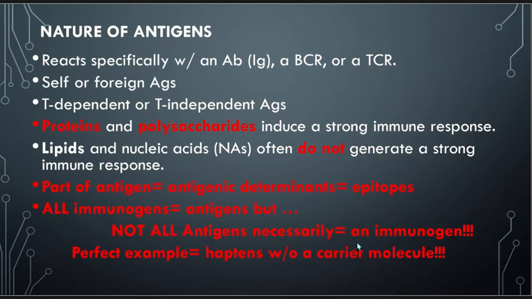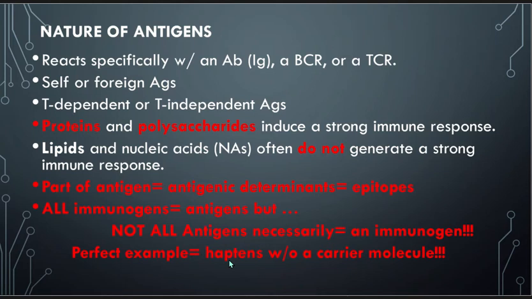So typically they're going to be coupled or conjugated with a carrier molecule like a protein. And proteins and big polysaccharides induce a pretty strong immune response. And so conjugating a very small hapten, even though it might be antigenic in that an antibody might be able to recognize it, it still might not be immunogenic.